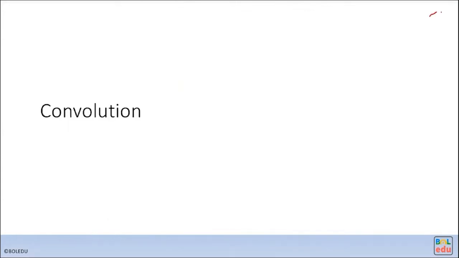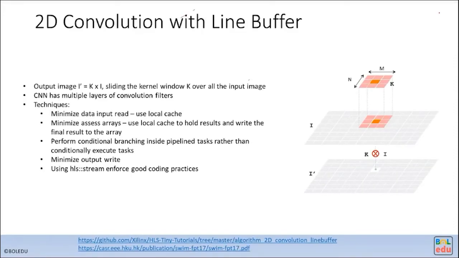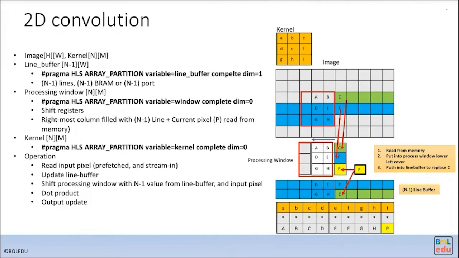Okay, let's talk about convolution. You are all very familiar with convolution. First, we all know we use the line buffer for 2D convolutions, so I probably won't talk much about that.